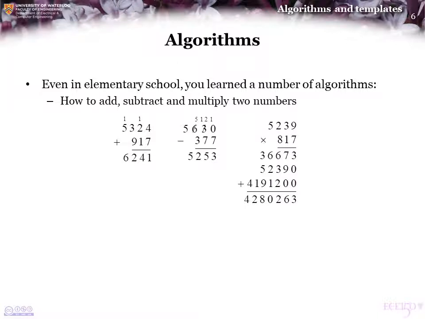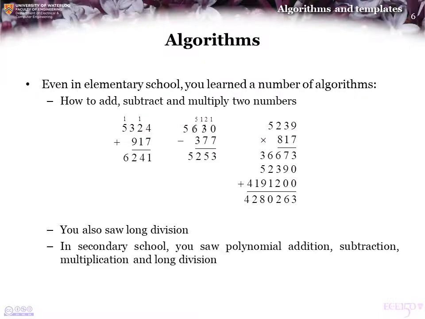Using addition, you were then able to multiply two numbers together by adding a sequence of numbers together. You also then, later on in elementary school, saw long division, and then in secondary school you saw polynomial addition, polynomial subtraction, multiplication, and polynomial long division.